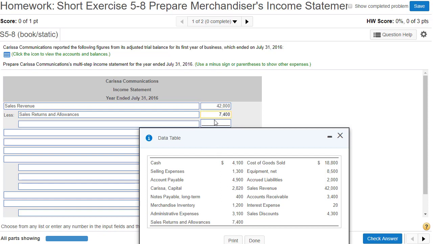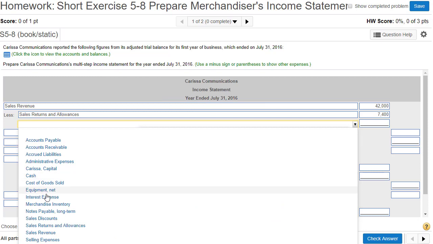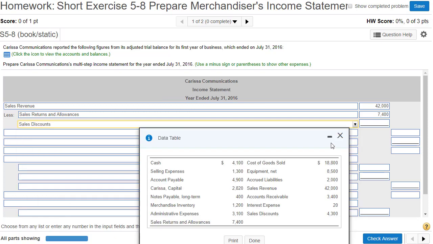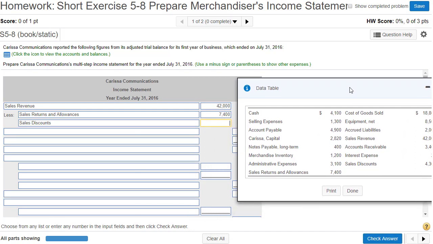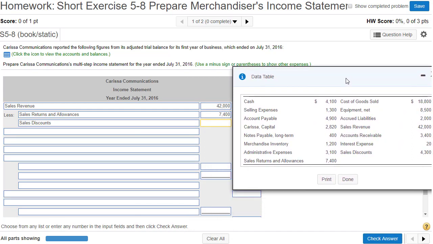And the other thing that will offset or lower our sales revenue are sales discounts. Remember, a sales discount is when the seller of the merchandise offers to give the buyer a discount if they pay early. So let's see, this company has sales discounts of $4,300.